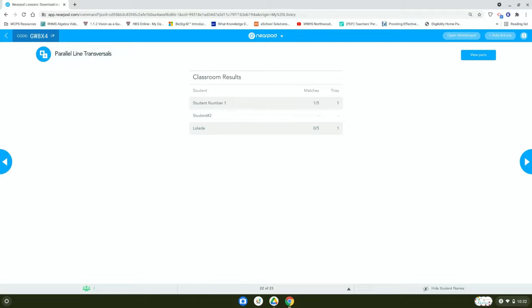Excellent job, students. Alternate interior angles or the same side consecutive angles.